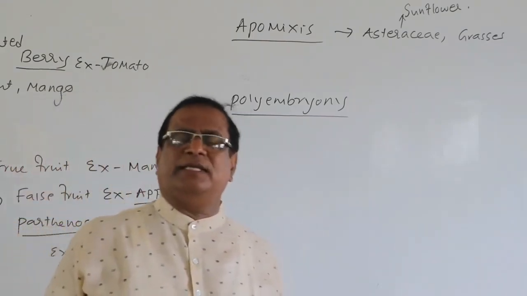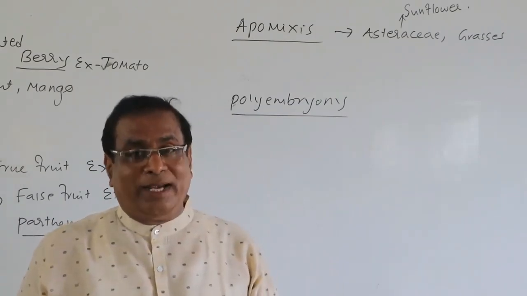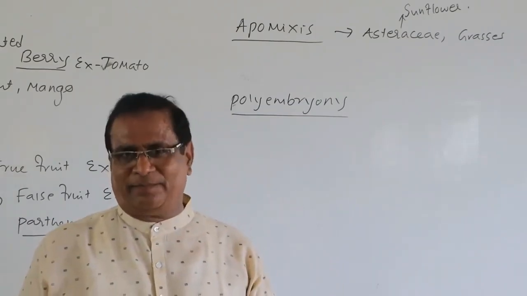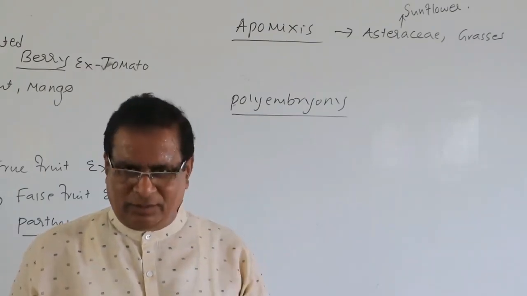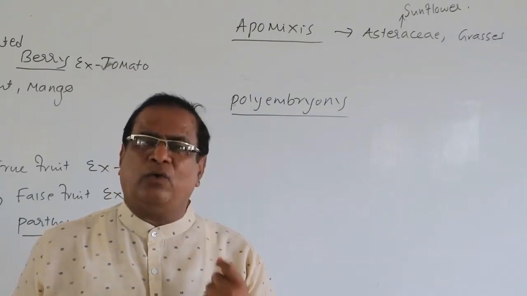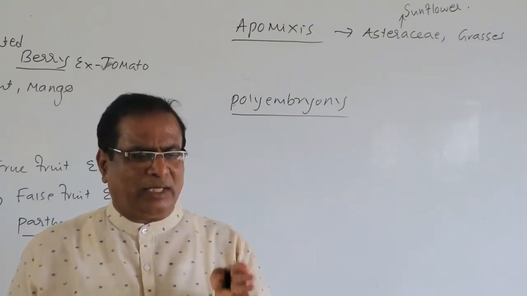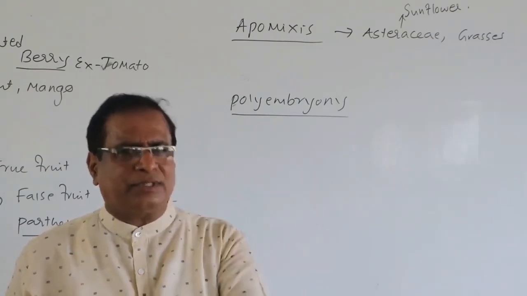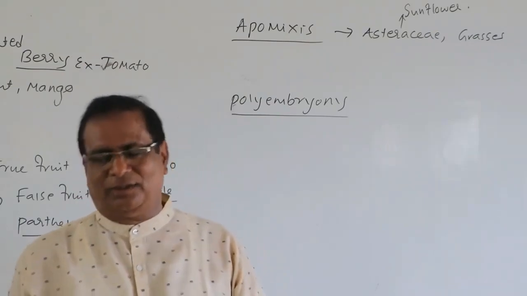Even in some species, there would be a diploid egg cell in the embryo sac, because there is no reductional division. The egg cell is formed without reductional division, so that it is diploid, and the egg cell directly becomes the seed without fertilization.